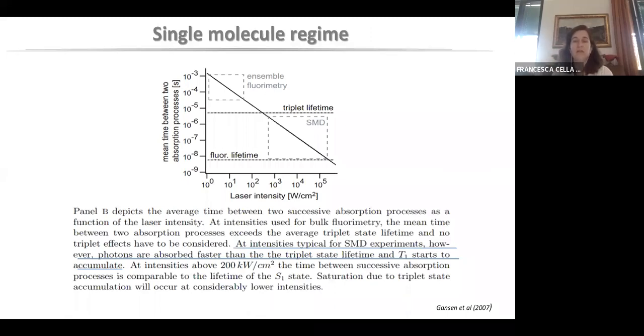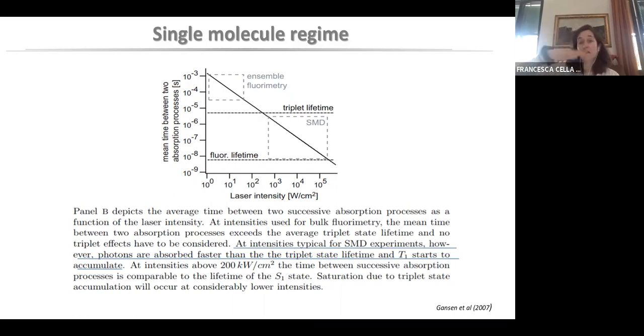The laser intensity is quite important, in relation to the fluorophore you are using. There will be fluorophores that are suitable for single molecule localization and fluorophores that are not so optimal for the switching from the on to the off state.